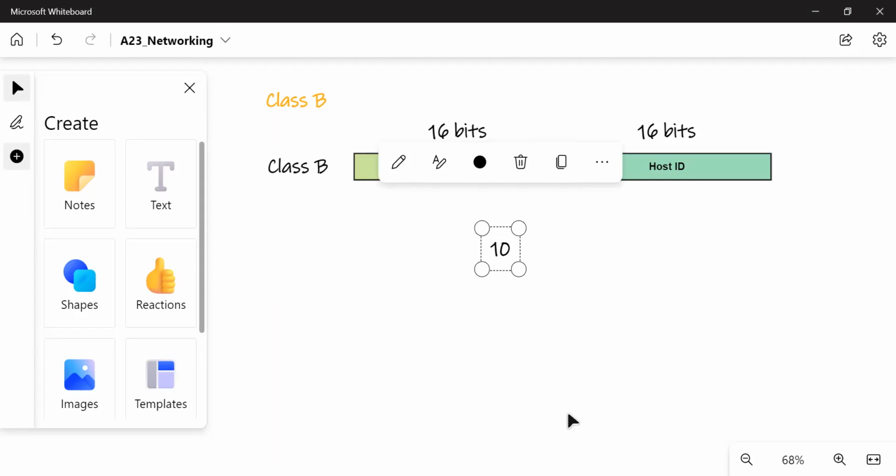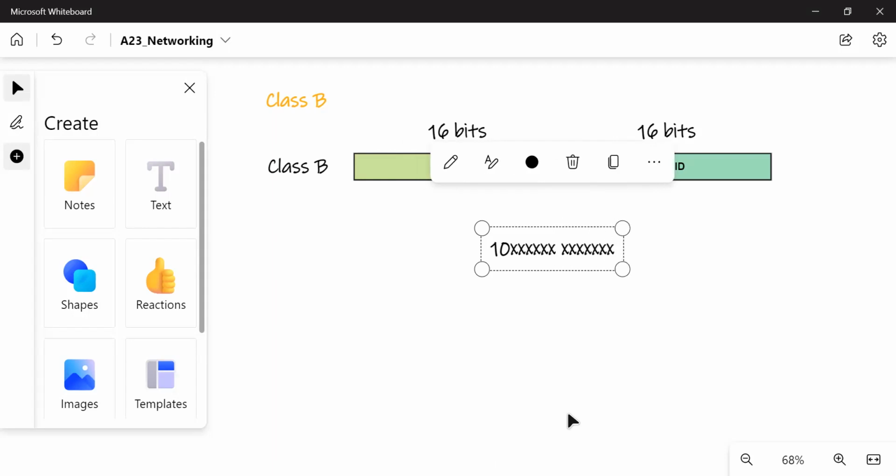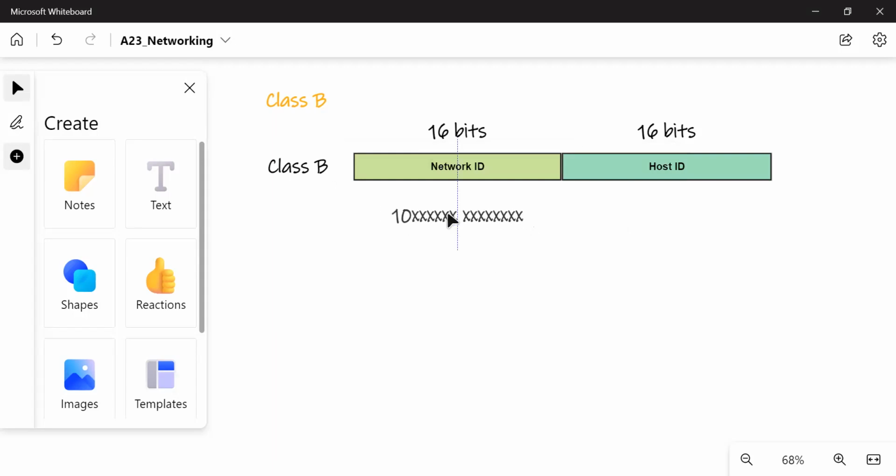So that means the remaining 14 bits could be anything. So one thing you need to remember, it starts with 1, 0.